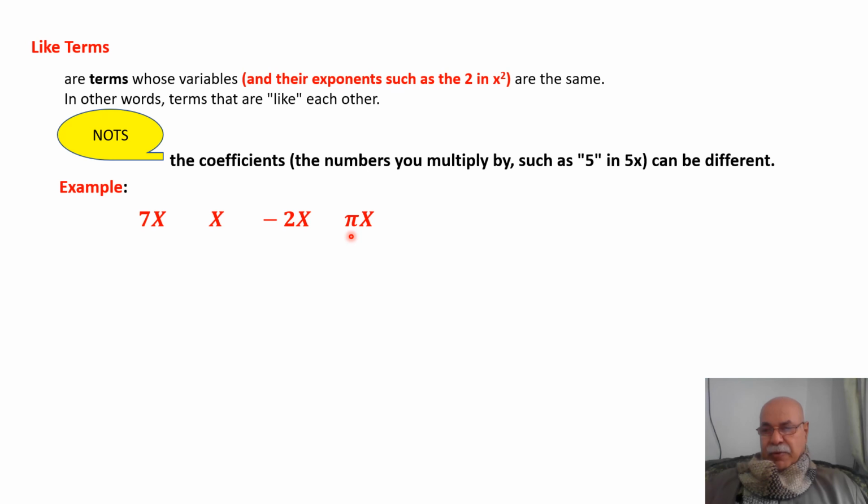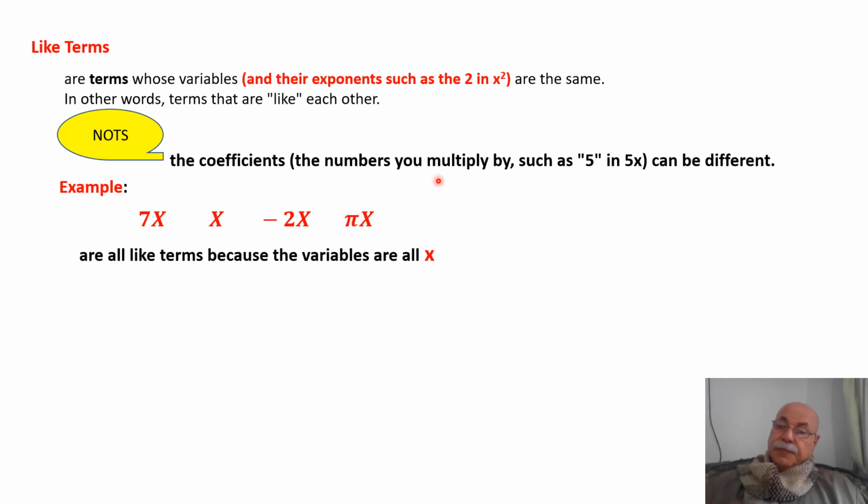This pi is 3.14, the constant ratio. They are all like terms because the variable is x in all of them: no y, no z, no k, no m, no q. But pi here is not a variable, because we know its value.